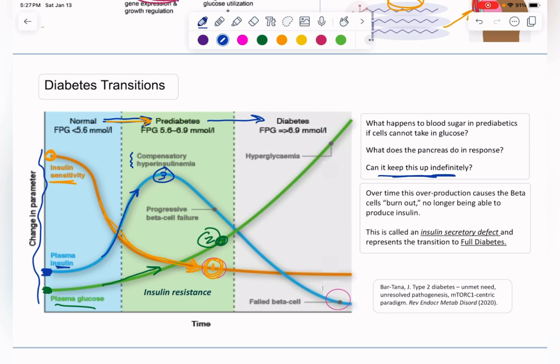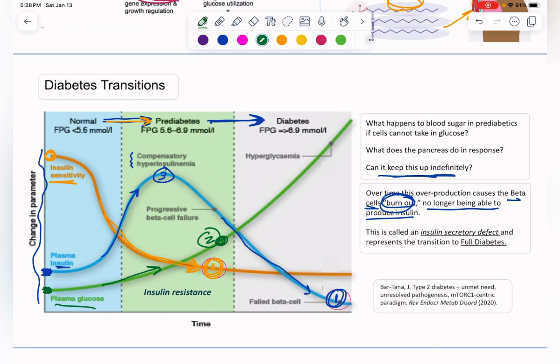But eventually what's going to happen is the beta cells that produce insulin are going to burn out. They're no longer going to be able to produce insulin. And so that's what causes the transition from pre-diabetes to diabetes, is that your beta cells burn out, and as a result, your levels of plasma insulin go way down. And now you're not producing any insulin at all.